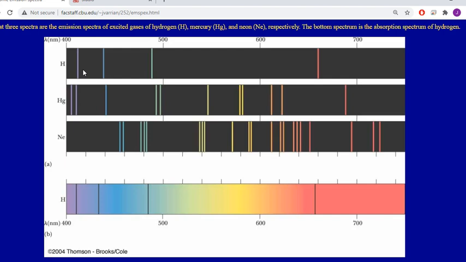And when they went to look at them, they said, oh my gosh, there are lines in the infrared and the ultraviolet that we didn't even know about, and they're predicted by Bohr. So Bohr's model, while it is simplified and has some flaws, does successfully explain the visible emission spectra of hydrogen, the so-called Balmer series.